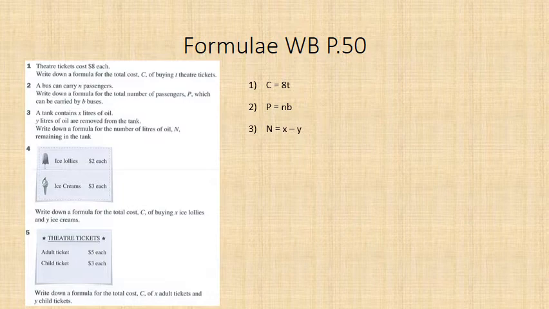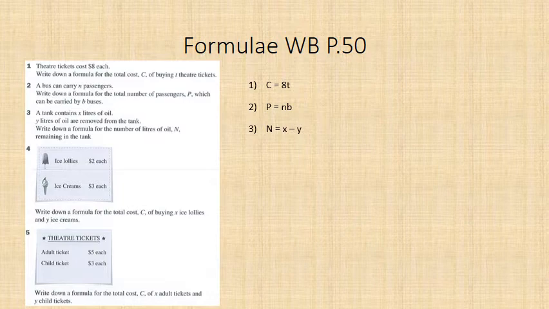Question 4 here, I have ice lollies at $2 each and ice creams at $3 each. He needs me to write down a formula for the total cost C of buying X ice lollies and Y ice creams. So it's very easy and very simple. I will buy X ice lollies, so I will multiply by $2 each, like 2x.